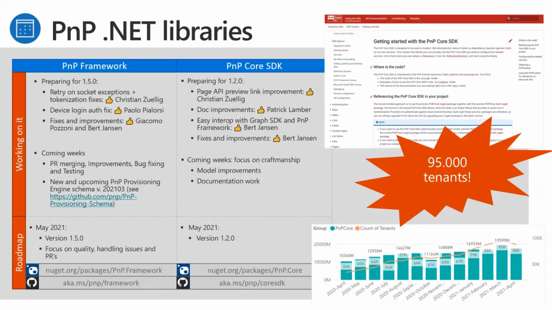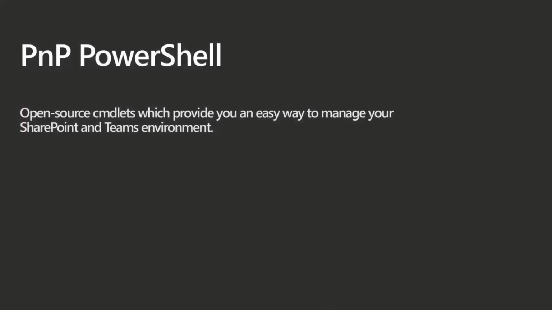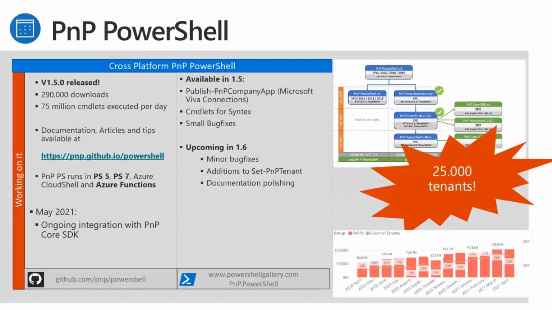Still talking about the developer area, we also have the PnP PowerShell commandlets, and in that area, again, we are proud that we reached already 290,000 downloads, and on average, we make up to 75 million commandlets executed per day, which is a huge number, incredible number.